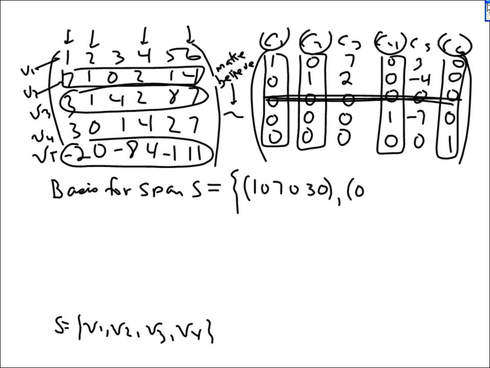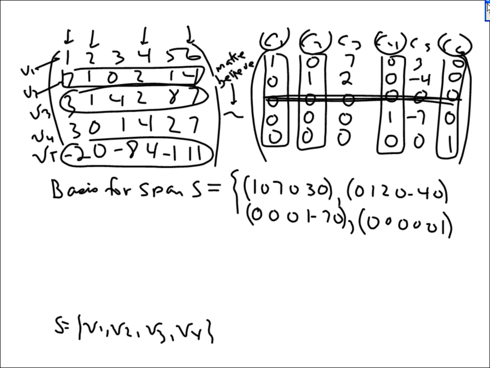The second non-zero row is this one, the third non-zero row is this one, and the last non-zero row was this one. That's the basis for the span of those 5 vectors.